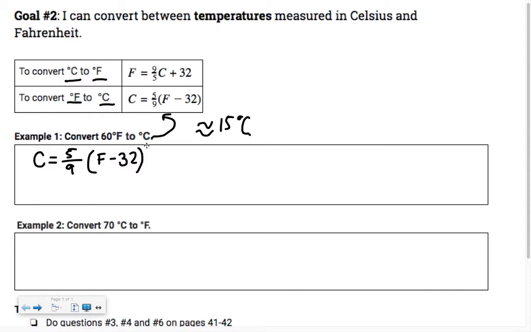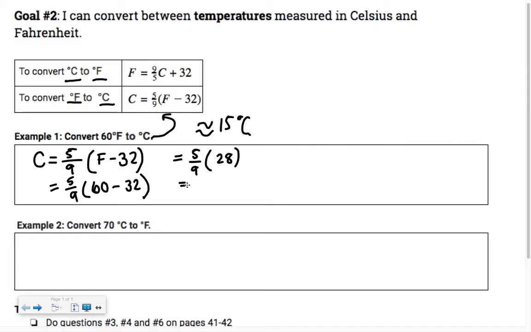Let's see how close we are when we actually do the math. So we're plugging this in. We have 5 divided by 9 multiplied by 60 minus 32. And because of BEDMAS here, we know we have to do our brackets before we can do anything else. So we have 5/9 multiplied by 60 minus 32, which is 28.